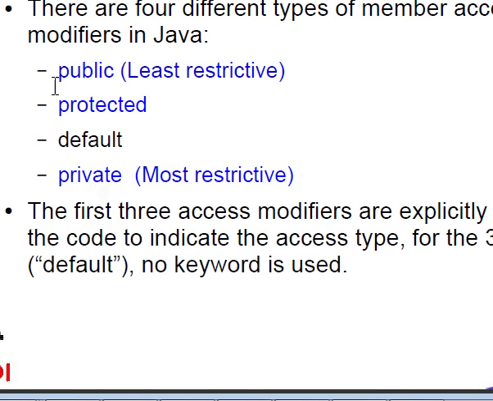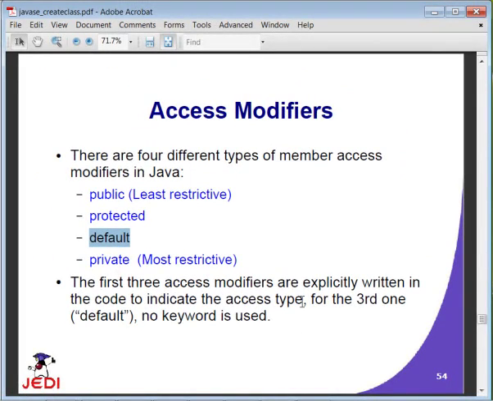By the way, for public, protected, and private, you have to specify the keyword to have this particular scoping. If you don't specify anything, then we call it the default modifier, default access scope.